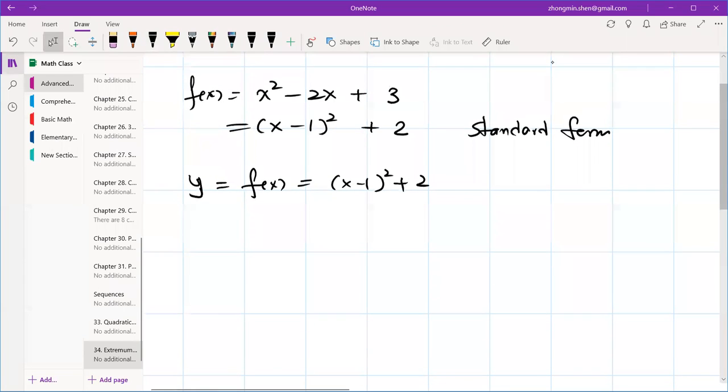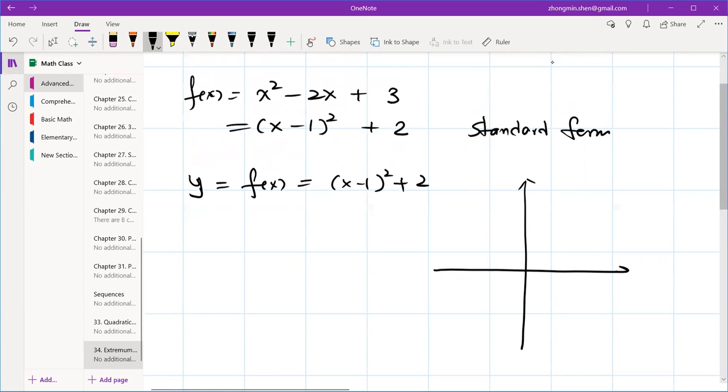We know that the graph of this equation will be a curve. It opens upward, okay? So when x increases, the y value increases. It increases from both sides, negative infinity, positive infinity, all the way to the top, okay?